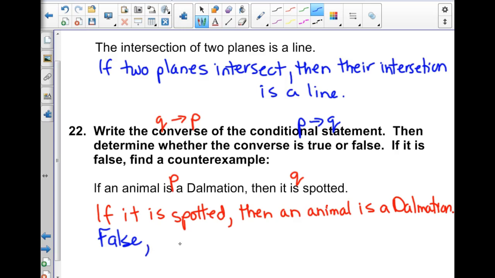All right, it's false. So someone give me an example of an animal that's spotted. A giraffe? Sure. Any others? Cheetah? It's a bull terrier.